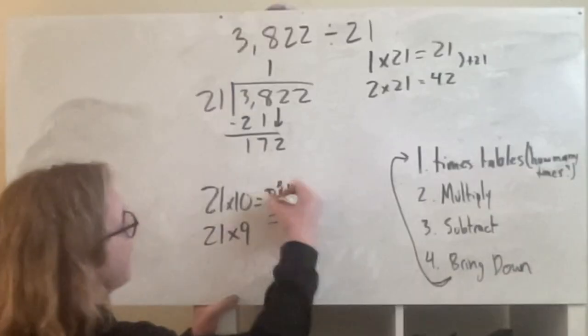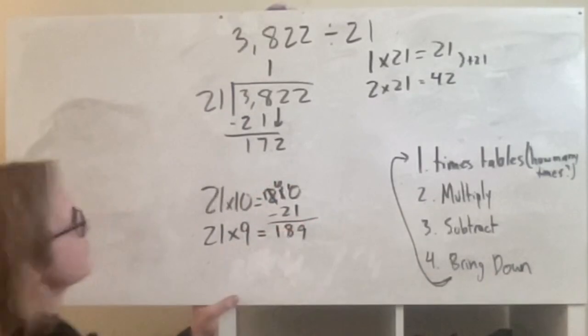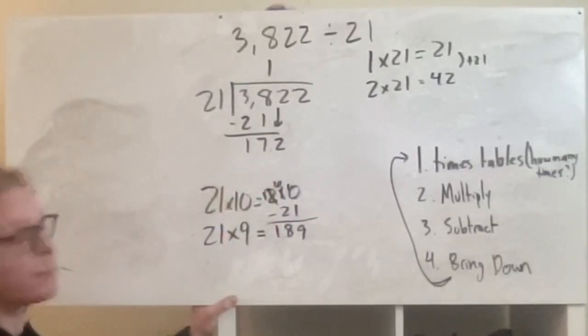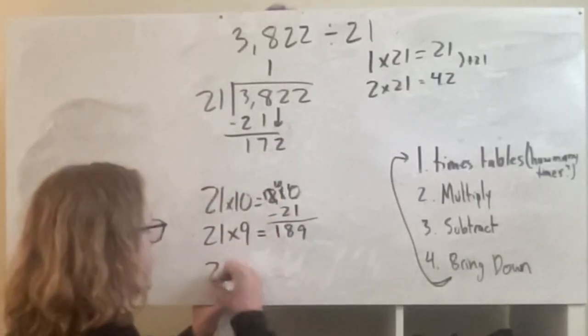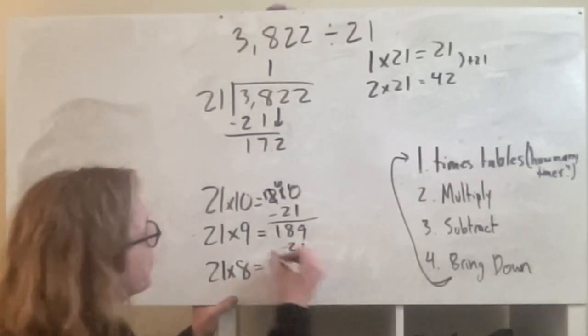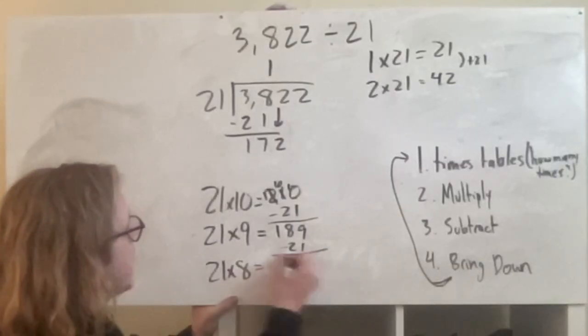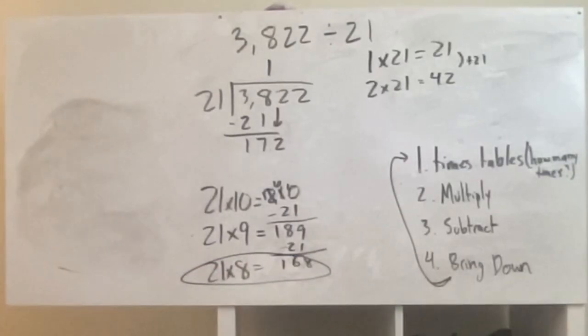I have to borrow again. 189. Okay, still bigger than 172, but getting pretty close. Let's go to 21 times 8. I take away another 21. 168, and that's going to work for us, right?